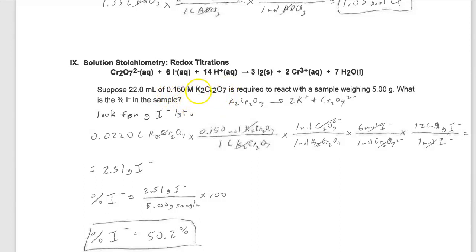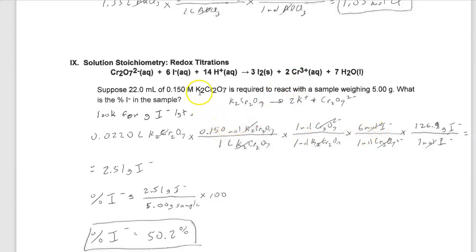Maybe I could use that somehow. Okay, well, 0.15 moles of potassium dichromate for every 1 liter of potassium dichromate. Again, put your labels in, don't get lazy on me. Do it this way because our liters of potassium dichromate will cancel out. What am I left with? Moles of potassium dichromate. So I guess we're getting somewhere, right? So times sign, another factor.